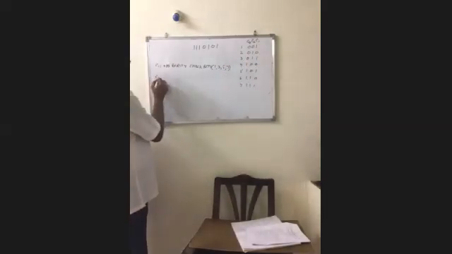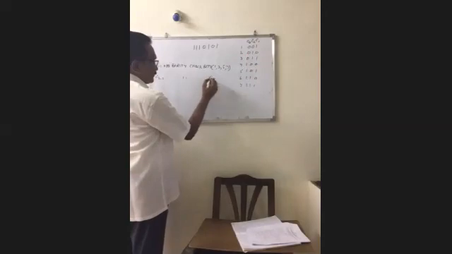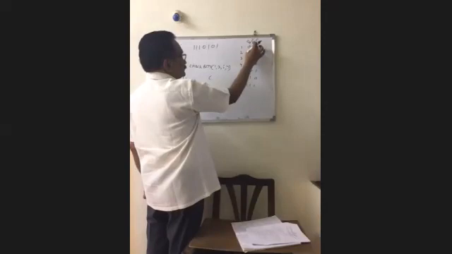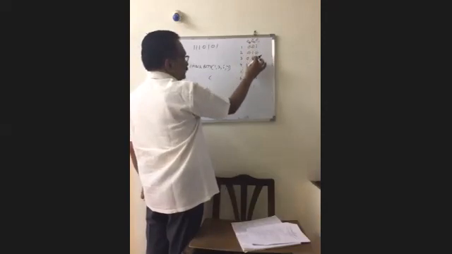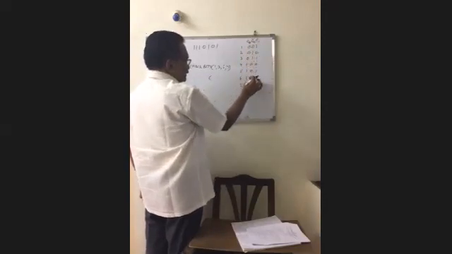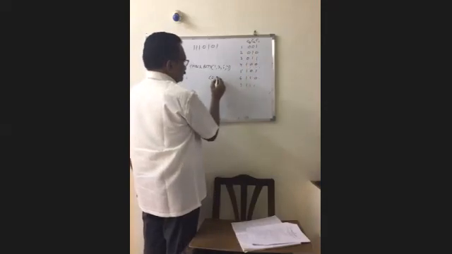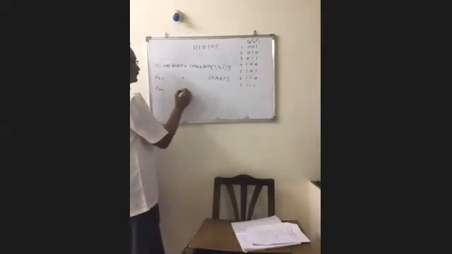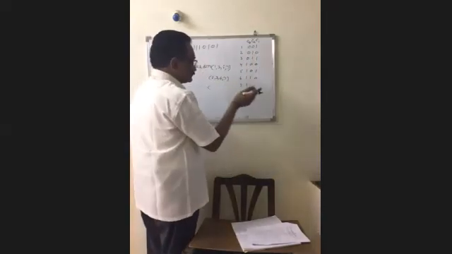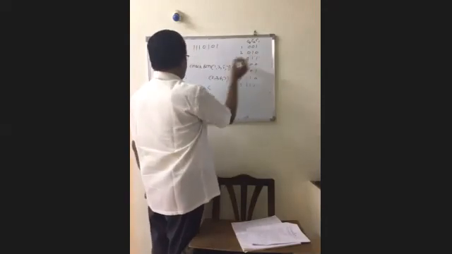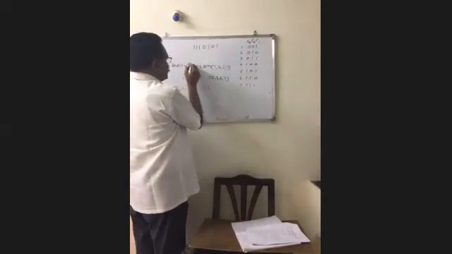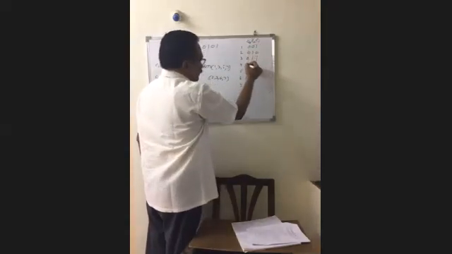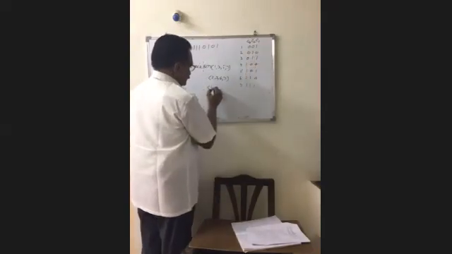For C2, odd parity check bits over positions 2, 3, 6, 7. For C4, the odd parity of check bits over positions 4, 5, 6, and 7.